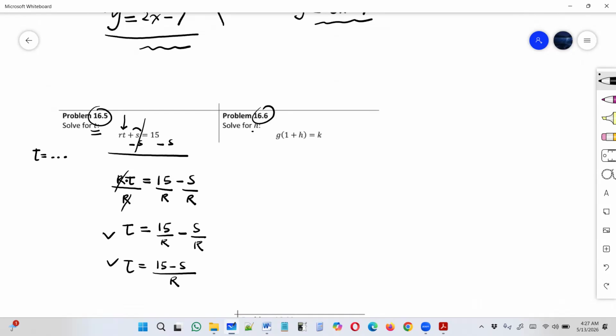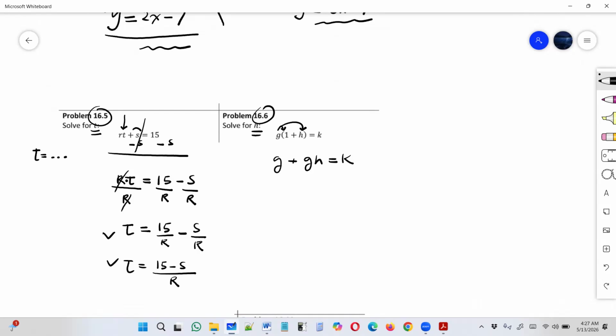Now, 16.6, we're going to solve for h, but we have parentheses. So the very first thing that we have to do is get rid of the parentheses by distributing g. So g times 1, g times h equals k. And now because we're solving for h, anything that is not h has to go to the other side.